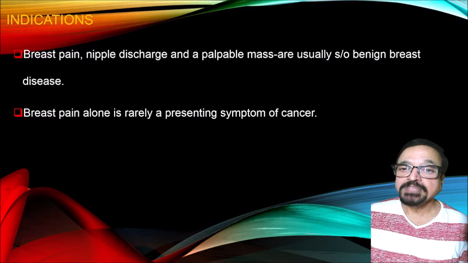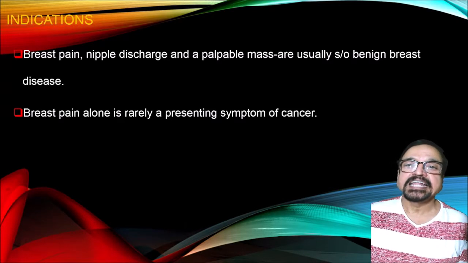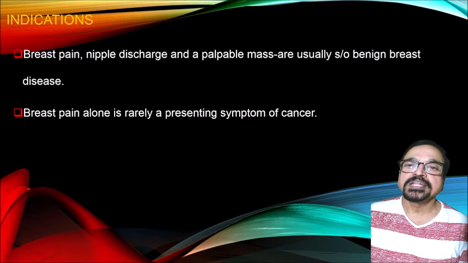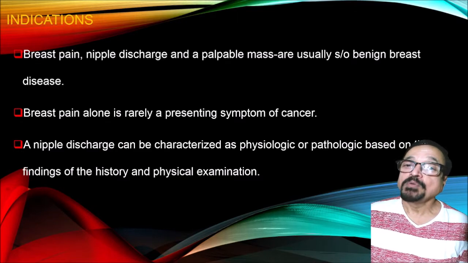But if the same thing is in the elderly, it has a differential diagnosis. So only looking at symptoms you cannot say whether they are important or not. You have to consider the age of the patient and also the background, that is, whether the patient's relatives were affected. Breast pain alone is rarely a presenting symptom of cancer. However, if it is associated with other things, it becomes a higher risk.